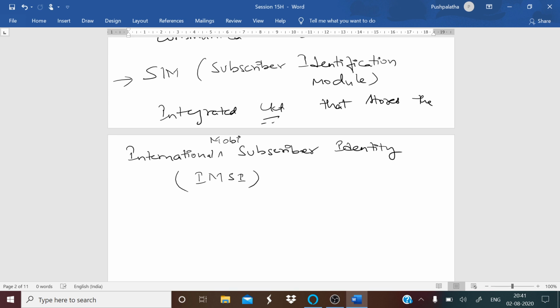So they also have certain standards. Earlier the SIM cards were bigger, like a credit card. Now we have your micro SIMs, right? And the next term is your GPRS. What is GPRS? GPRS means General Packet Radio Service.